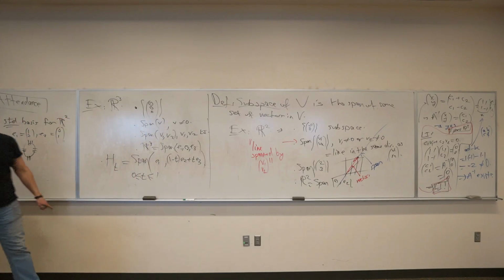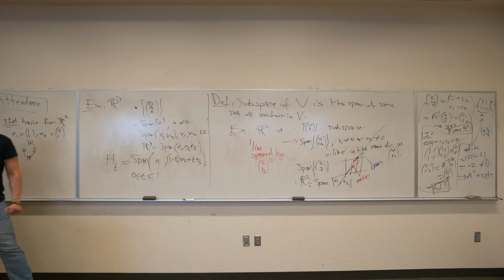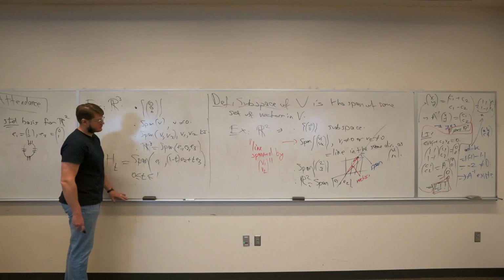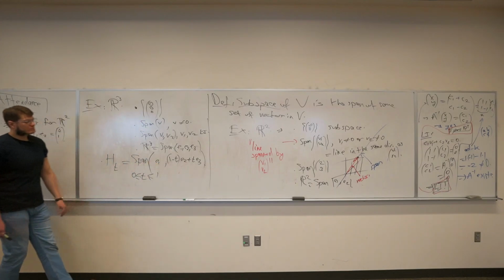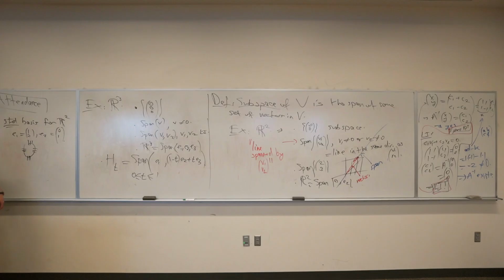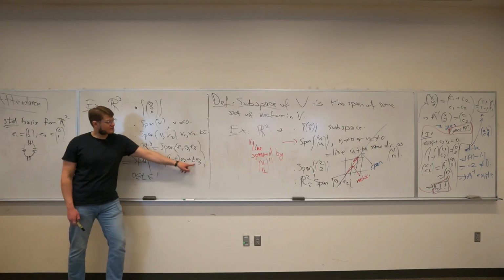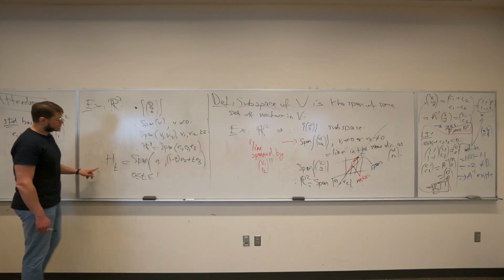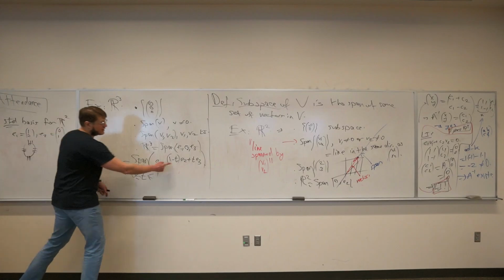This is what is called linear interpolation. They use it in computer science and math in a bunch of different places. What is this doing? I want to think of t as time. When time is 0, this scalar is 1, this scalar is 0. So when time is 0, H sub 0 is the xy plane. It's the span of e1 and e2.